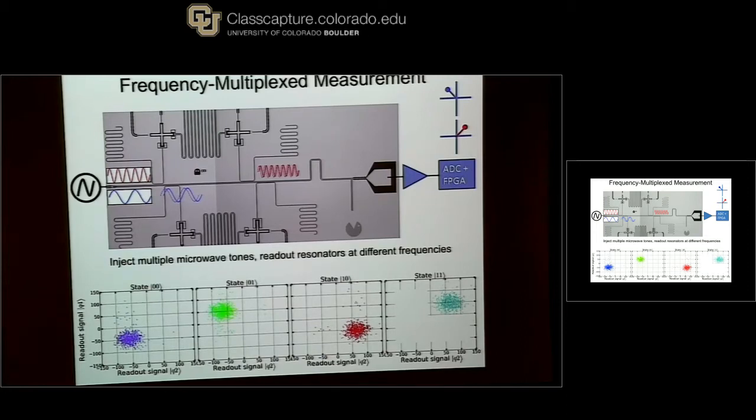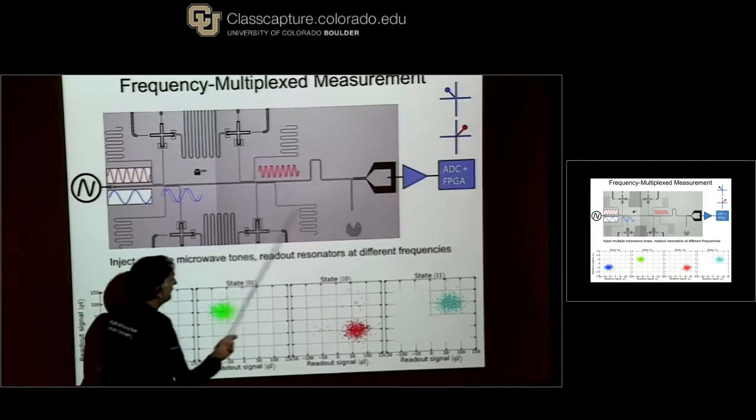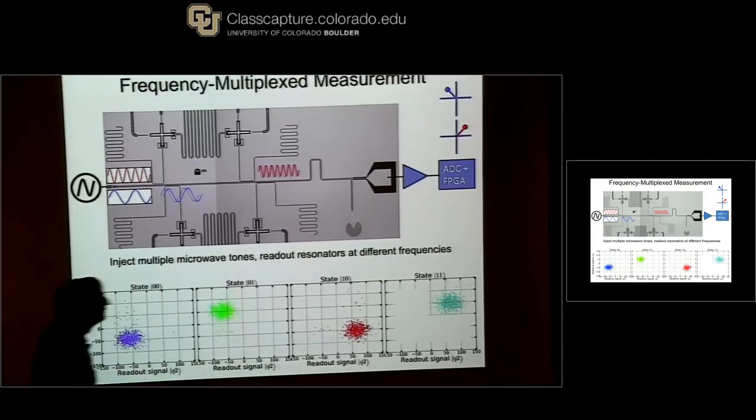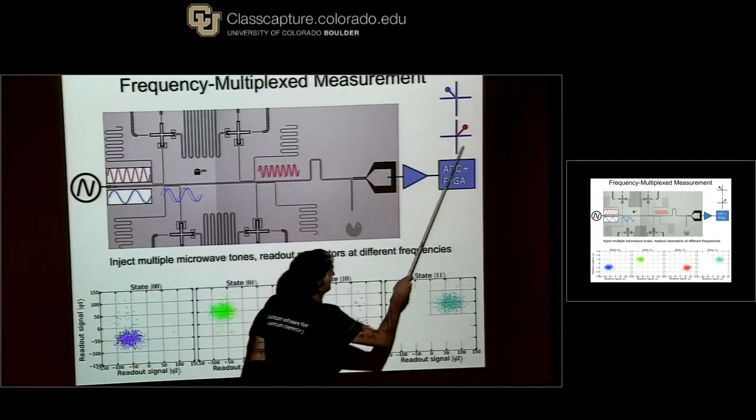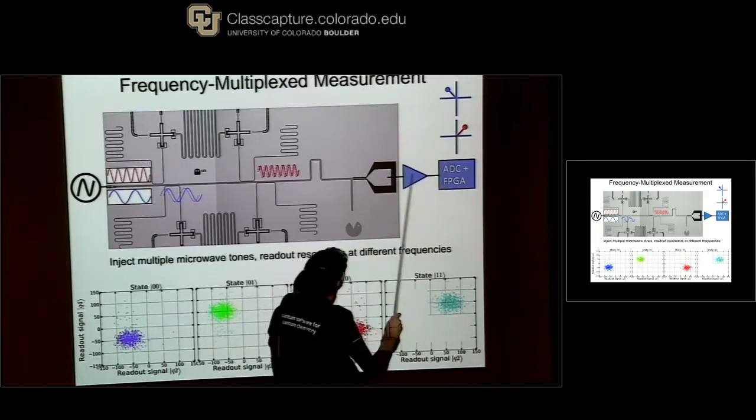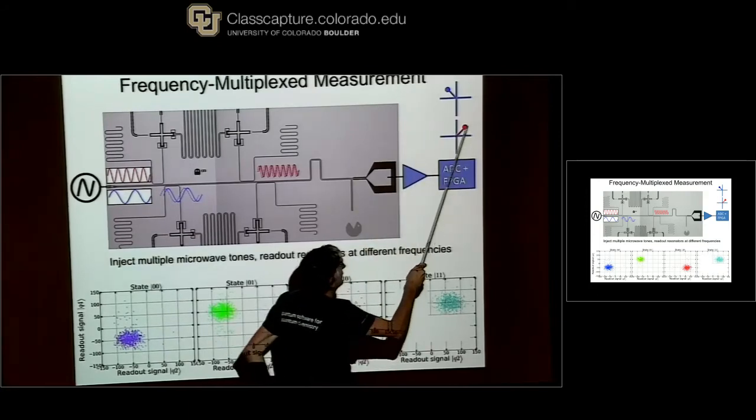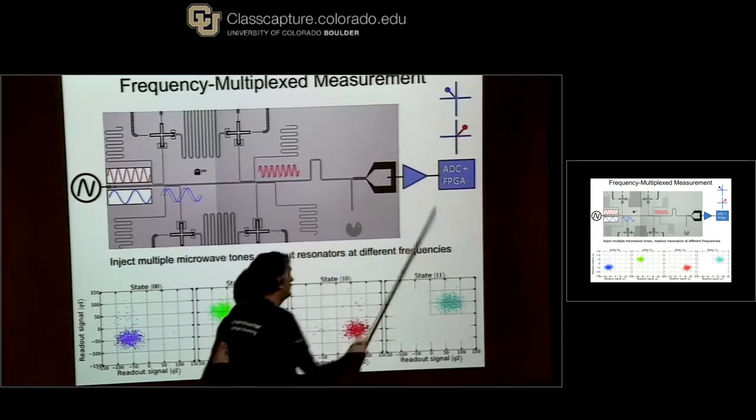And what you can do is you can drive this with the two different frequencies, and this frequency only resonates and interacts with this. This frequency only resonates and interacts with that. And then you have an FPGA that looks at those two different frequencies, and you get an amplitude and phase from the two different frequencies, and you understand that.